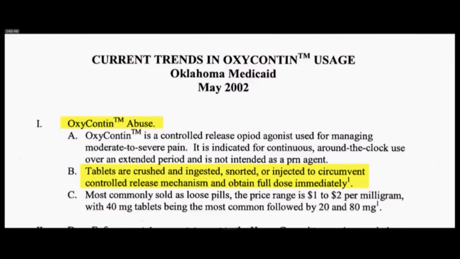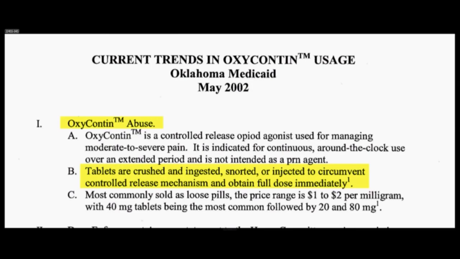All right, so the first subject on this document is labeled OxyContin abuse, right? Yes. And it describes the drug, describes its indication. And then if we look at section B, there's an indication that tablets are crushed and ingested, snorted or injected to circumvent controlled release mechanism and obtain full dose immediately. Do you see that? Yes.